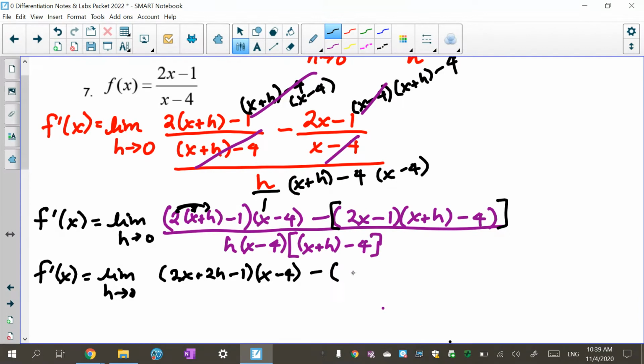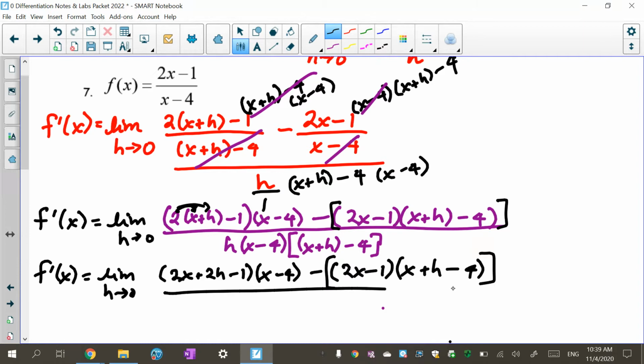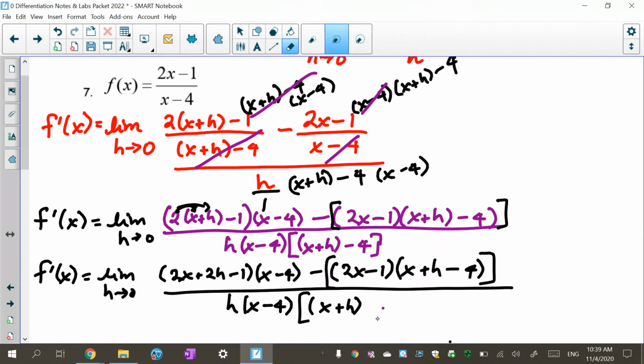I can write it like this: in bracket, (2x - 1) times (x + h - 4), to make it a little bit easier to see what we're multiplying. And again, the denominator is yucky, and we just leave it. I'm going to get rid of that second parenthesis so it doesn't confuse you, because we really don't need it after we substitute in.